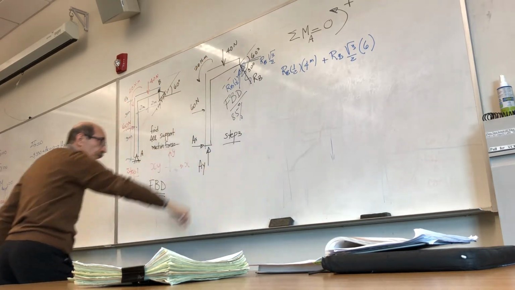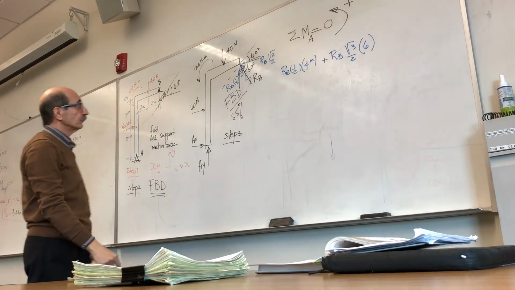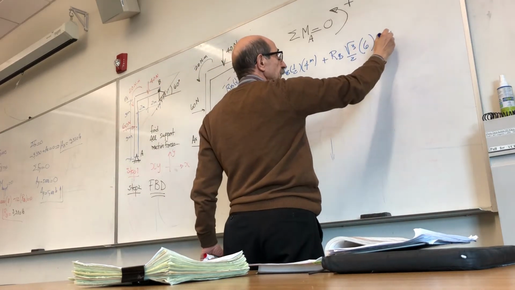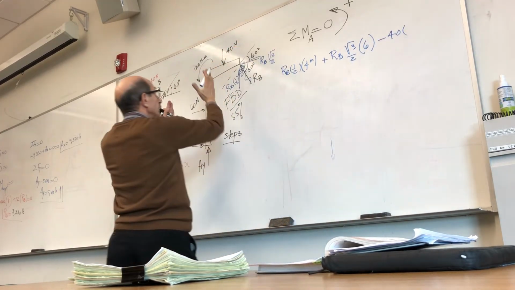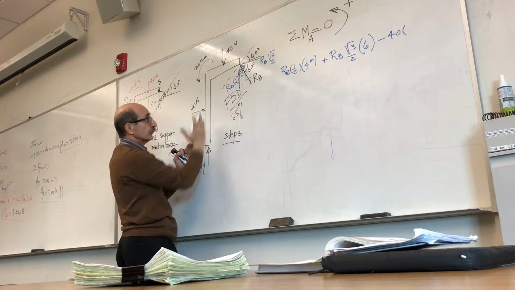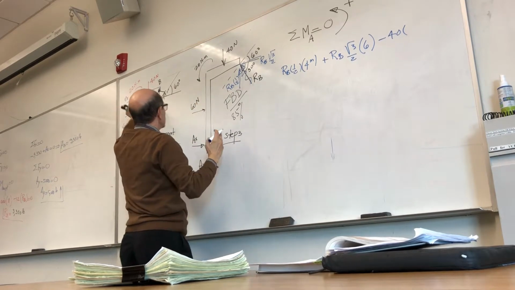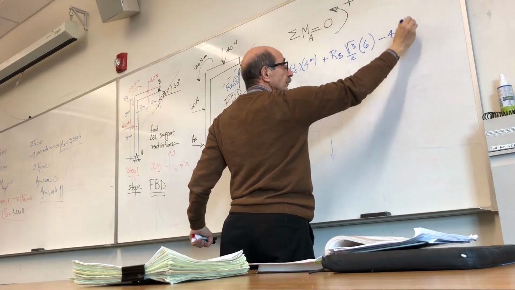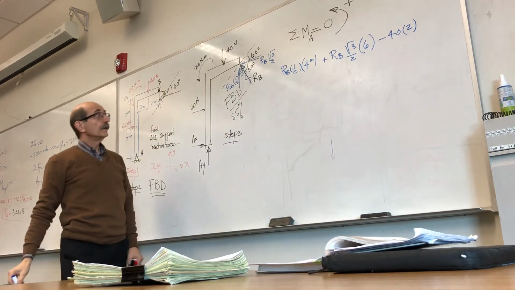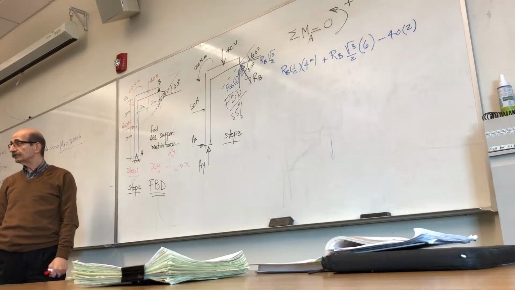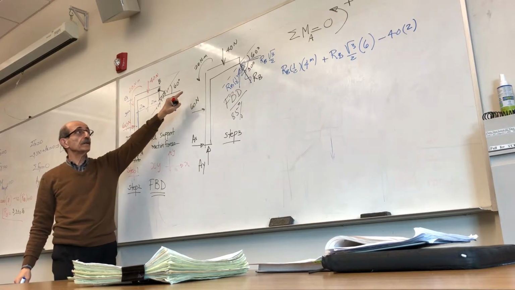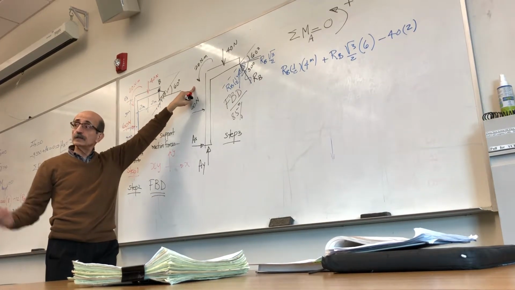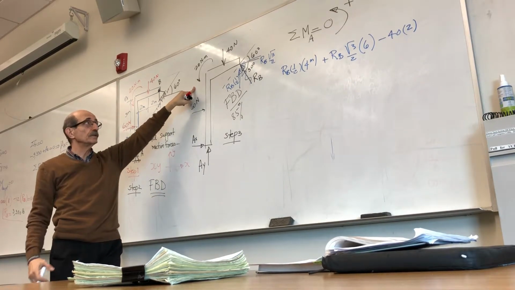This force rotates clockwise, so it's negative. So it would be negative 40 times the vertical distance from here to the line of action, given as 2 meters. You're summing up all the moments. You do have an applied moment here also, which should be included in that summation of moments equation.